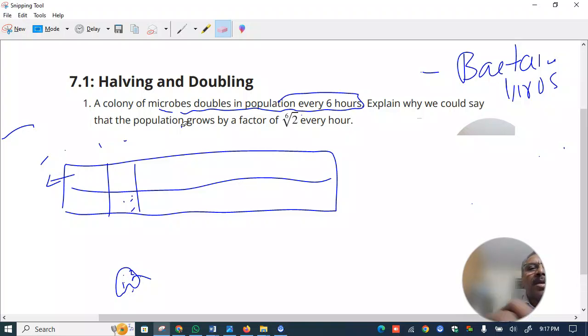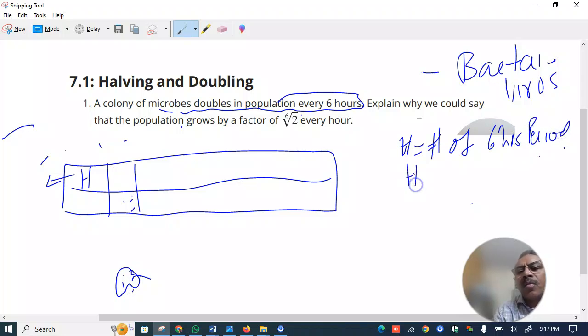I'm going to write H here, even though they did not give it to us. So if H is 1, and in the beginning I consider that there were 100 microbes, then this represents M of H. It means how many microbes there are after H periods of 6 hours.